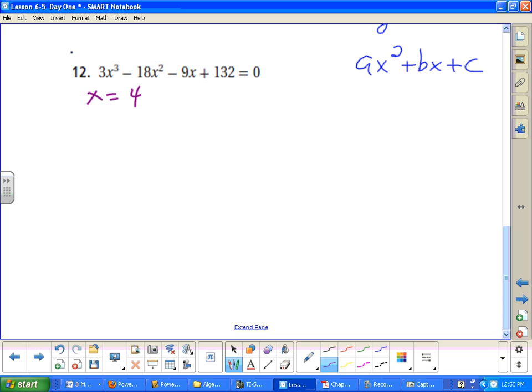Once I get it to a quadratic, I can use a lot of different things to find the other 2 zeros, because my objective is to find out exactly what they are, not just graph it and find some decimal numbers. I want to find the exact values.